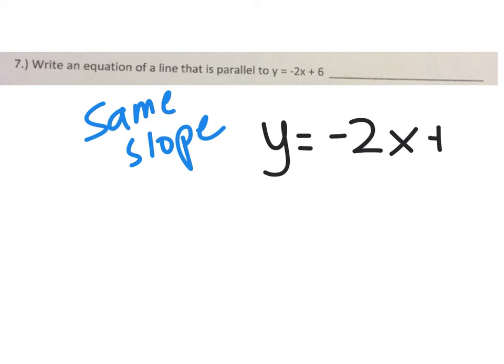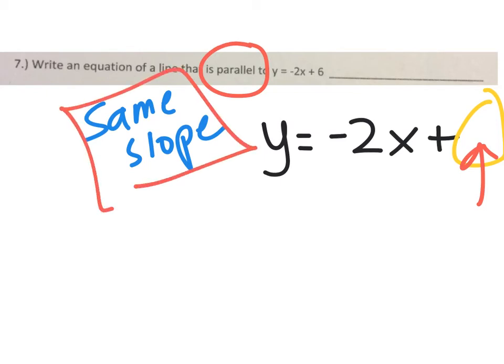And then it would be your choice to fill in whatever you want to put in for the y-intercept. So you could put in 3, 4, 5, 6, 7, 8, 9, 10, any of those values. You could also just leave it as 0. The key here, to be a parallel line, it must have the same slope.